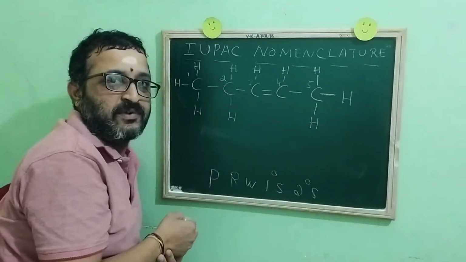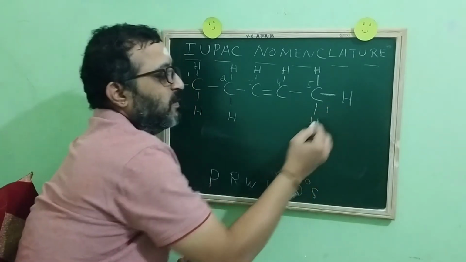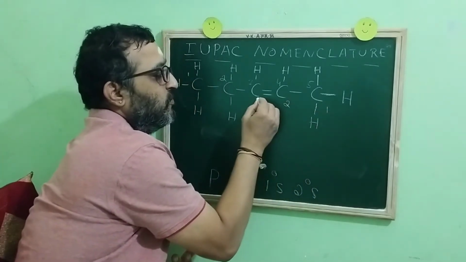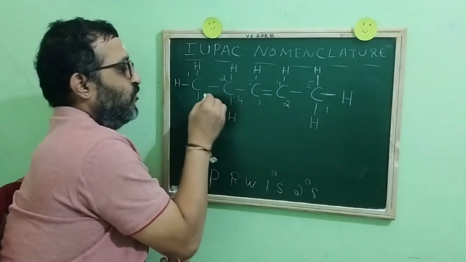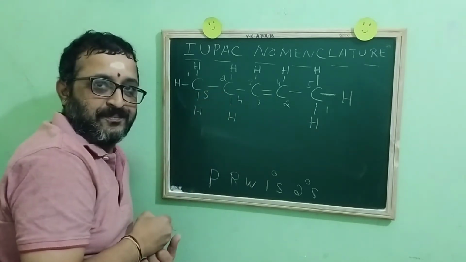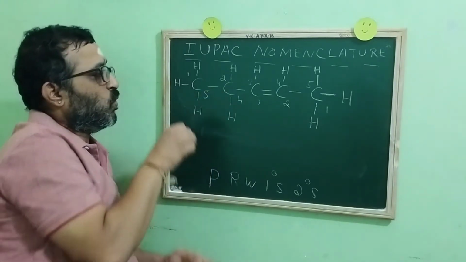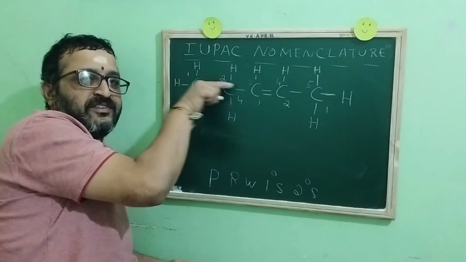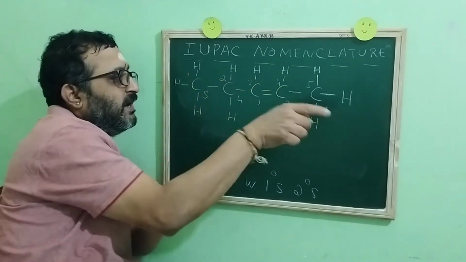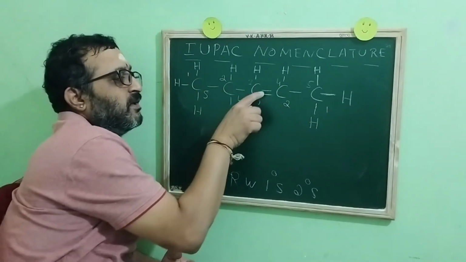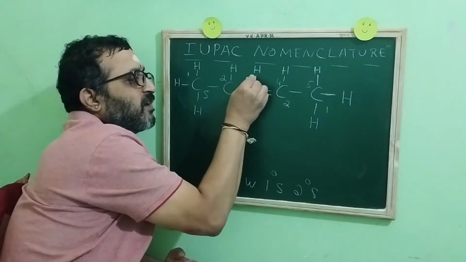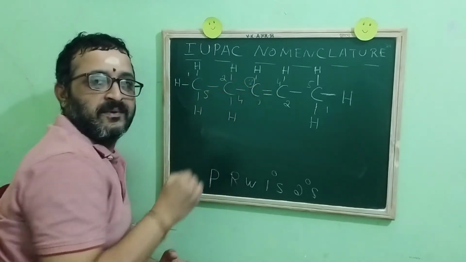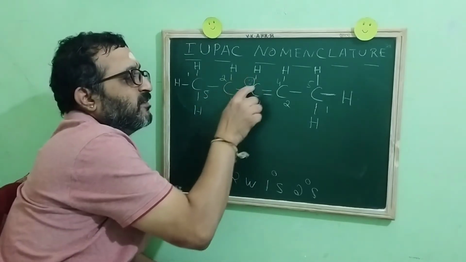I will do the numbering from right side also. This will be 1, 2, 3, 4, 5. Right, children? Now, when I go from left to right, first come first serve. Double bond belongs to which carbon? Third carbon. That's why I have put a circle.